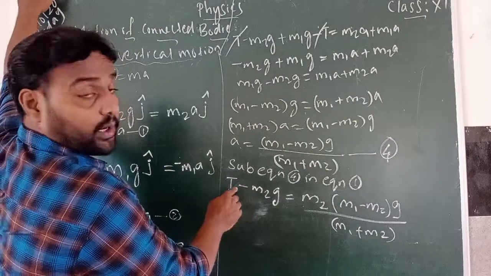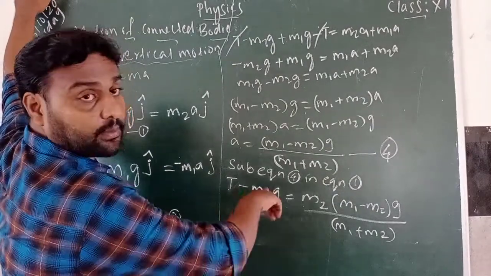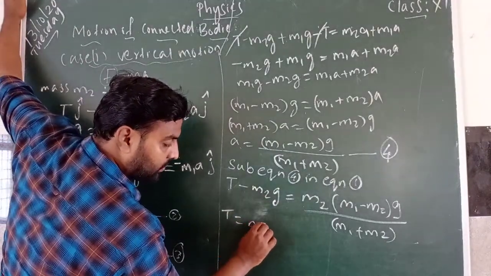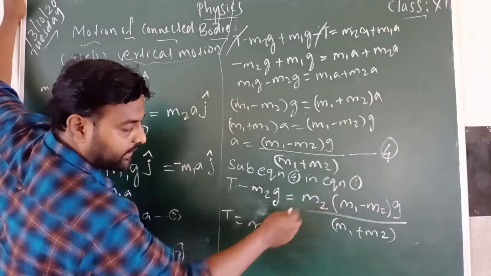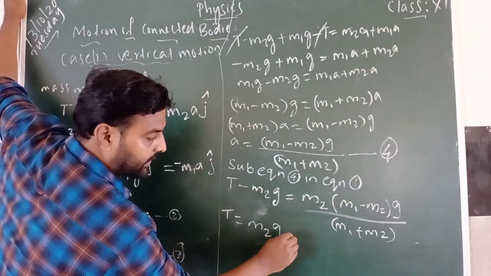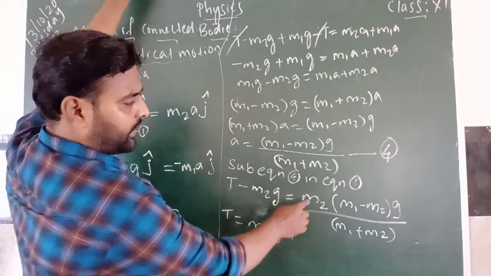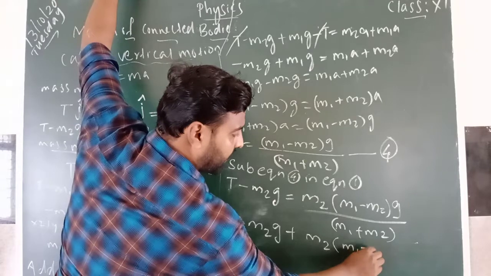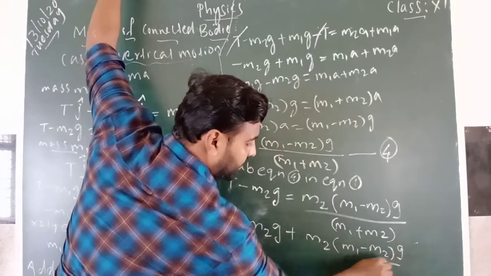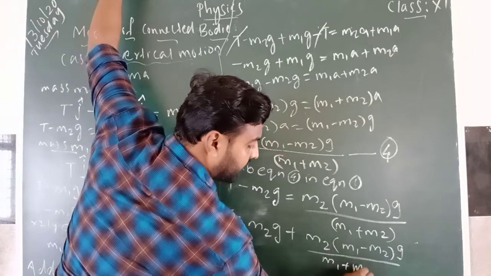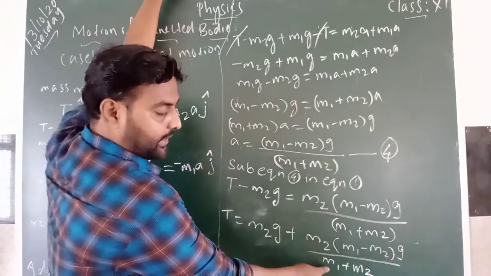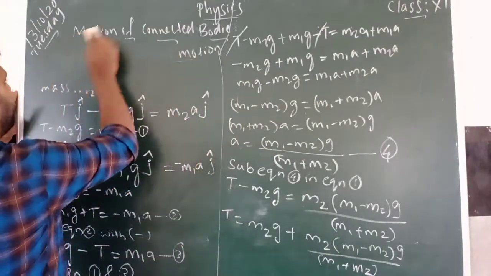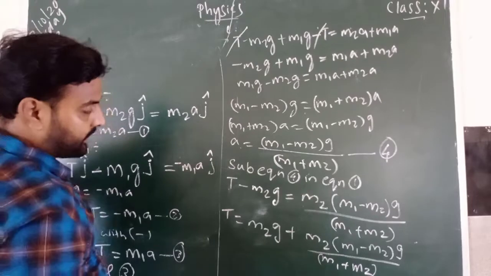Now we have to find T, so take this minus M2G to that side. So T is equal to plus M2G, then plus M2 into M1 minus M2 into G by M1 plus M2. Now take the LCM. Listen.